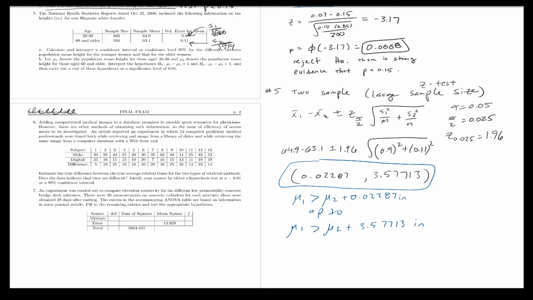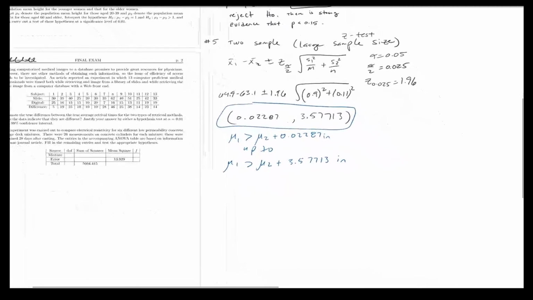So we think the difference is somewhere in here, meaning that mu1, the average of the younger women, is at least 0.02 inches more than the average of the older women. So we can say, yes, we are fairly certain that younger women are taller than older women. That's how we would interpret this.